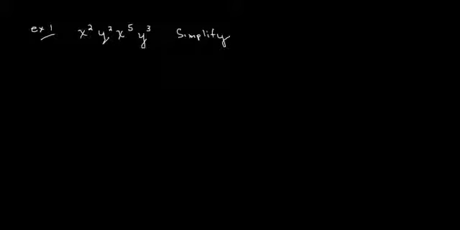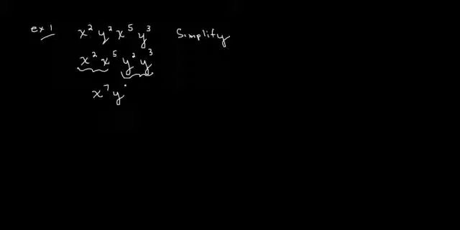Now we can only add exponents on like variables, so I'm going to rearrange them. x squared times x to the 5th, y squared times y to the 3rd. Now these bases are the same, and these bases are the same, so we can add our exponents. So this would be x to the 7th, y to the 5th. And it's as simple as that. You add the exponents when you multiply when the bases are the same.